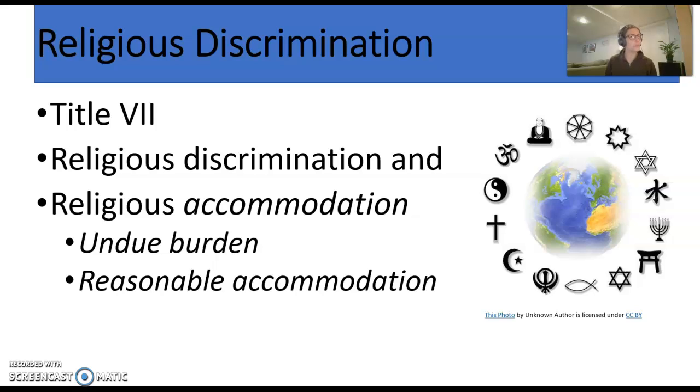Think about it from an employer's perspective, right? What if all your employees came up to you and said, I need Saturdays off, and this one says I need Sundays off, and the other one says I need all these other holidays off? That's a lot to put on the employer. So where do we balance the right to be free from religious discrimination, but also honor the fact that we need employees in the workplace?